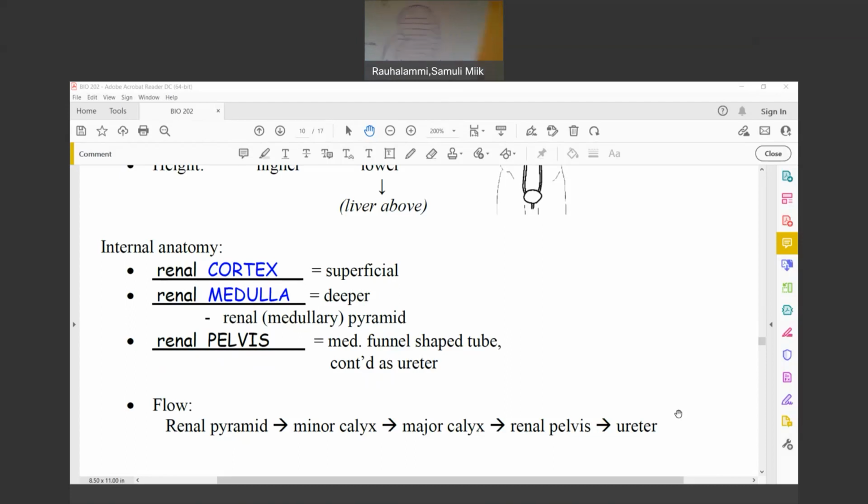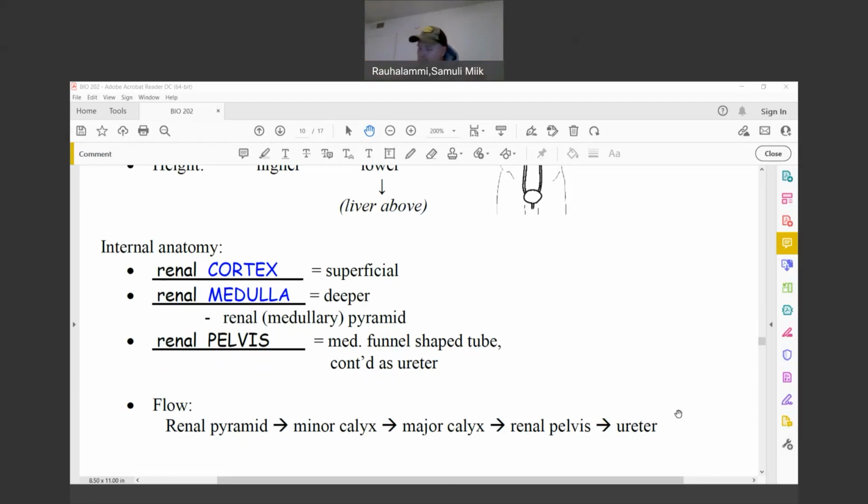Within the medulla, we're going to see these pyramid-shaped structures, if you wish, or more triangular structures, however you wish to describe them. And these are often darker in color, in the tissue colors when we're dissecting into the kidney.